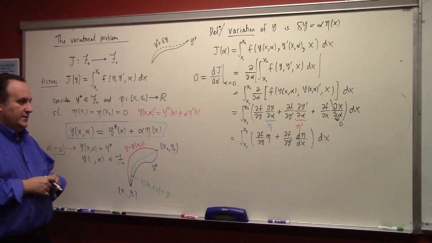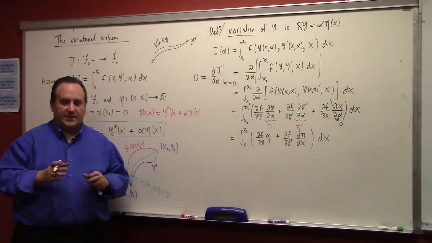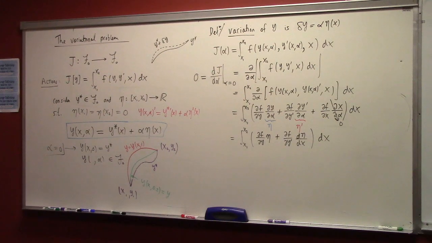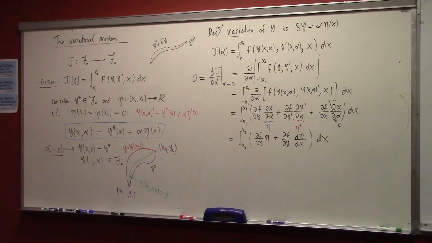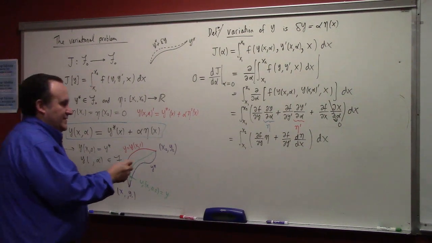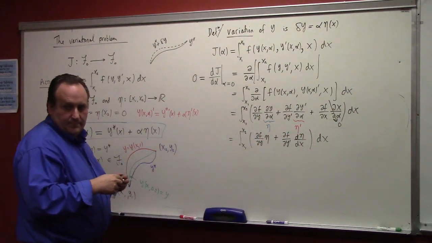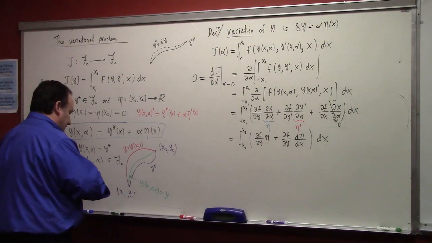All right, now keep in mind that the eta here is essentially arbitrary. So if we could factor eta out, since eta is arbitrary, if we can see that this has to be 0 with respect to arbitrary eta, then whatever is multiplying that eta has got to be 0. We're almost there. We've got this eta sitting here, but how do we get the eta out of the derivative? How is that accomplished?